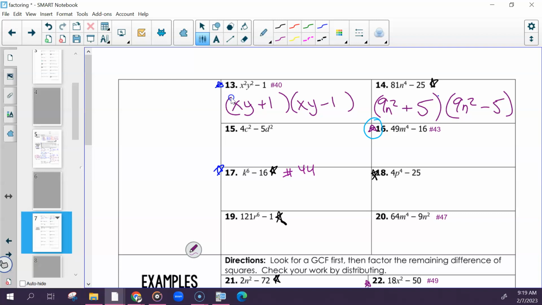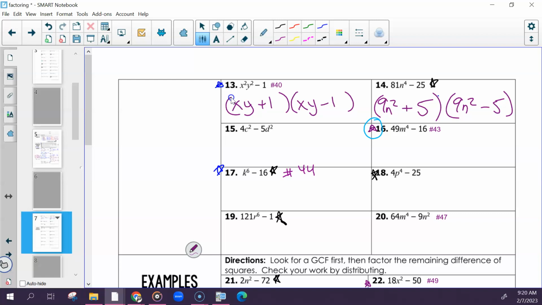Sometimes you'll get something where you have to keep factoring. So I always have difficulty making up this example. But let's say you started off with something here that whatever this was, you were able to divide again.